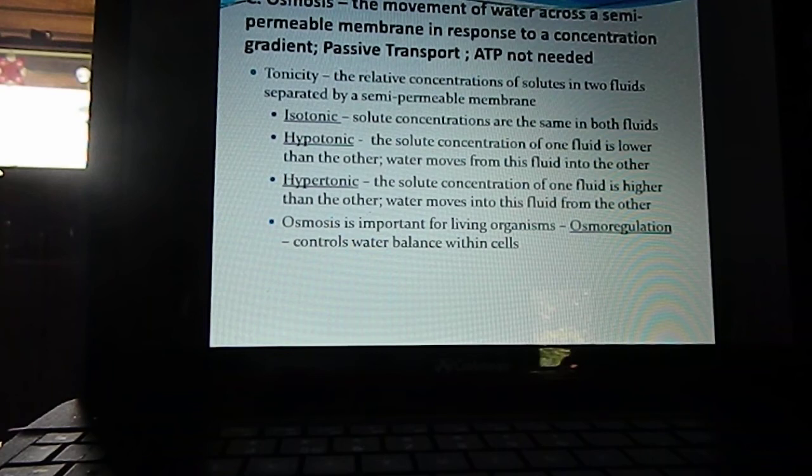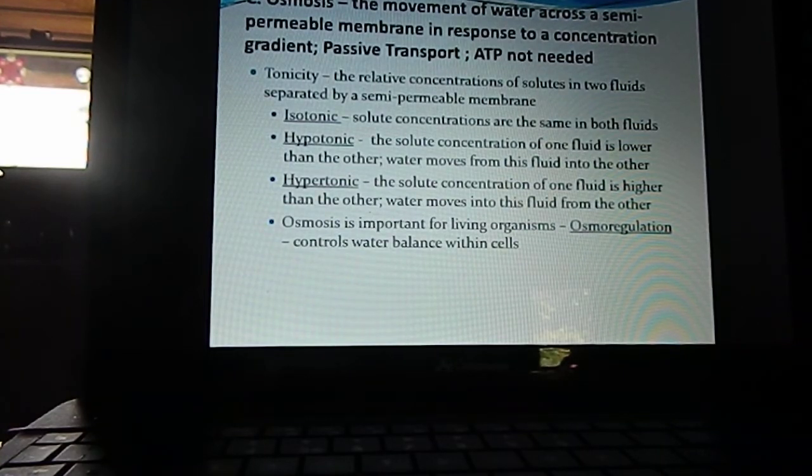The hypotonic has more water, the hypertonic has less. So what happens if you have a hypertonic solution and a hypotonic solution that are separated by a membrane? Water will flow always from the hypotonic solution to the hypertonic solution. All right, water flows from hypo to hyper.